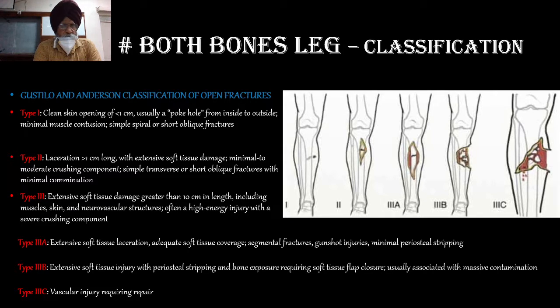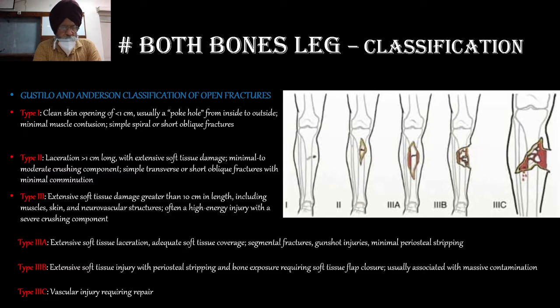In type 1, there is a clean skin opening of less than 1 centimeter, usually a poke hole from inside to outside, minimum muscle contusion, and a simple spiral or short oblique fracture. Type 2: laceration more than 1 centimeter long with extensive soft tissue damage, minimum to moderate crushing component, simple transverse or short oblique fracture with minimum comminution.